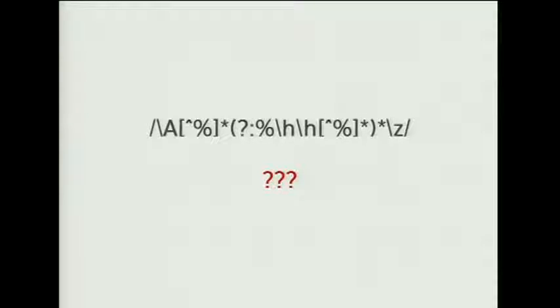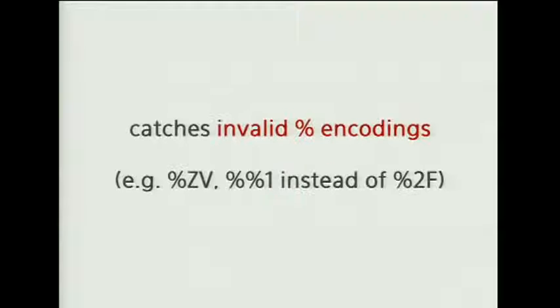Looks a little bit complicated, and what it actually does is it catches invalid percent encoding. So if you have 2 consecutive percents or non-hex characters, it will throw this error. So I paid attention to not produce such things anymore, but then the next line caught me.